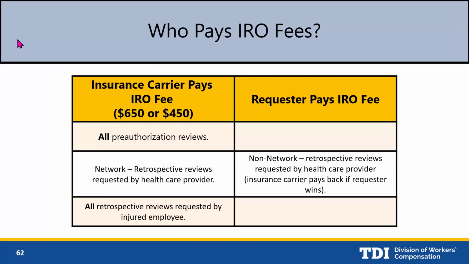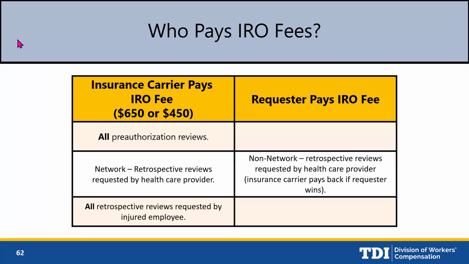The only time that the requester may have to pay the IRO fee up front, but if you win, you get it back, is on non-network retrospective reviews. For instance, an office visit does not require pre-auth, but the carrier can look at medical necessity through their URA retrospectively, and you want to appeal that denial, you would have to pay the IRO fee up front.